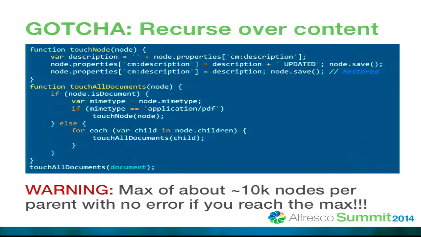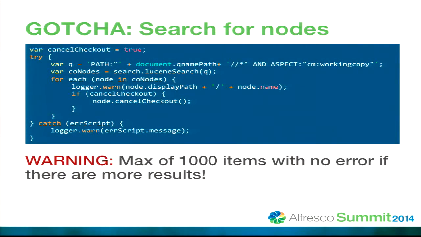However, if you have a folder that has more than somewhere between 9,000 and 13,000 direct children, so not all the way underneath them, but directly inside the folder, this call in here to node.children will give you somewhere between 9 and 13,000 children, and then it will stop and you won't get any errors. So, if you have a lot of children, this may be problematic. So maybe you can use search in that case.